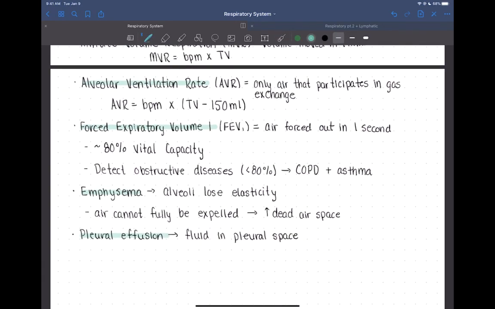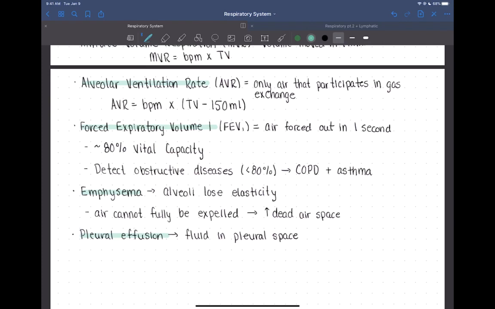Okay, and so then also with patients, you can measure their forced expiratory volume. All right, so this forced expiratory volume, the FEV1, is the amount of air you can push out of your lungs in 1 second. And so typically, a healthy individual can move 80% of their vital capacity in 1 second.